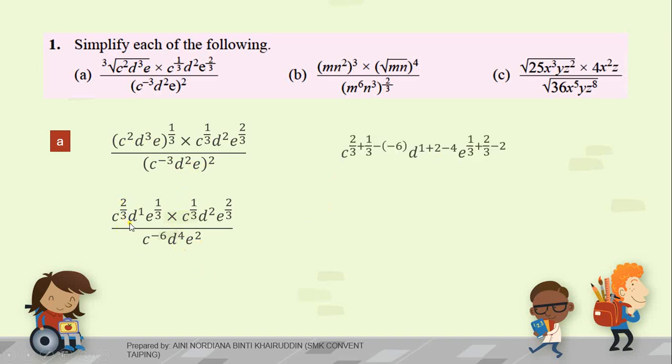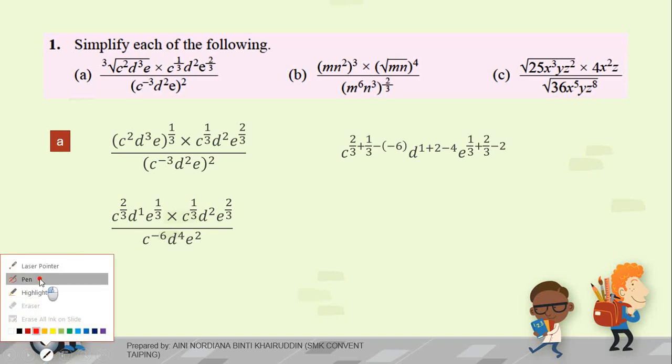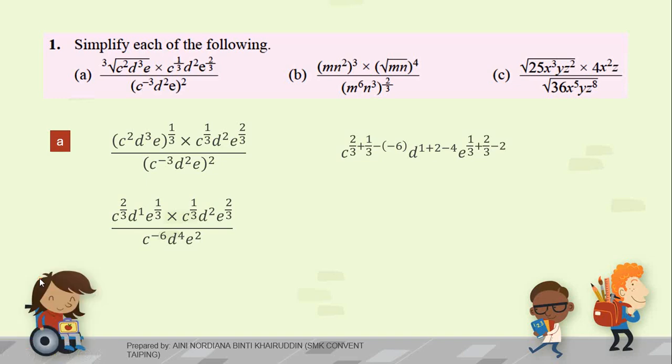Next, see 2 over 3 here. I use my pen. So, look at this base, c. So, 2 over 3 plus 1 over 3 minus negative 6. So, this is d, 1 plus 2 minus 4.